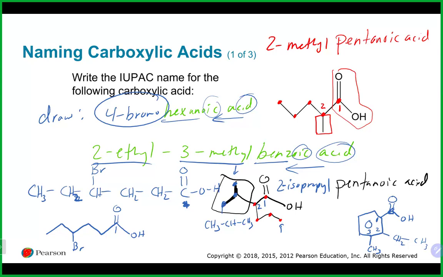All right, so just like normal, we want to work backwards on the name. Check question? Yes. Yeah, so benzoic acid is basically a carboxylic acid attached to a benzene ring.